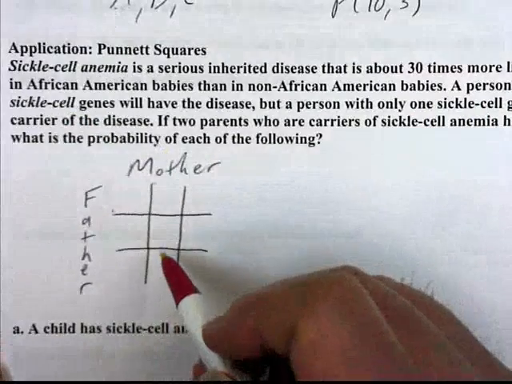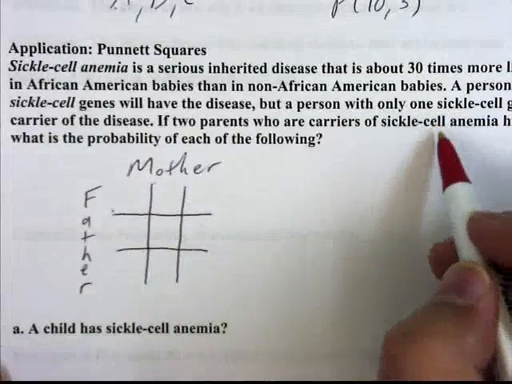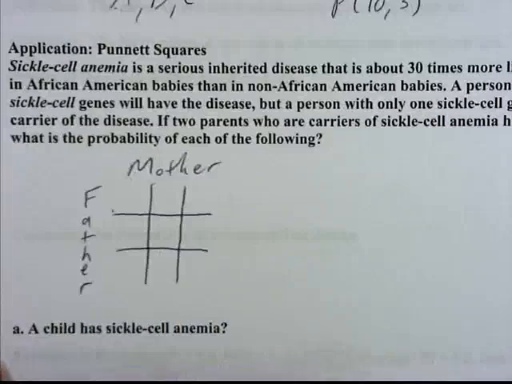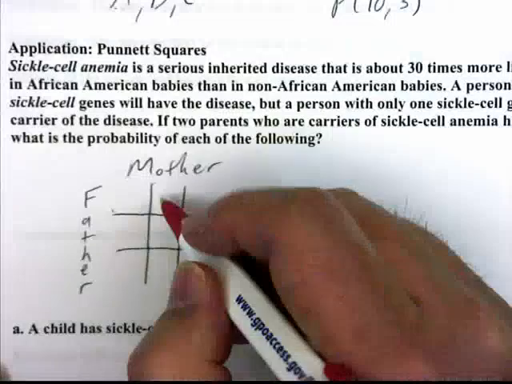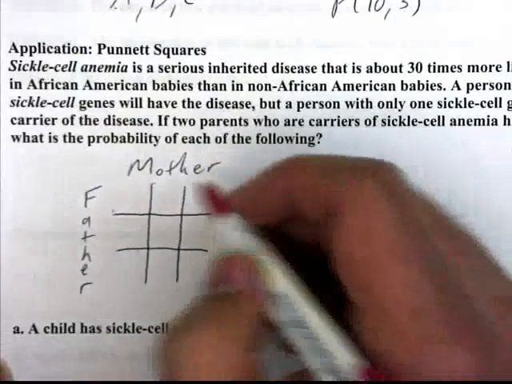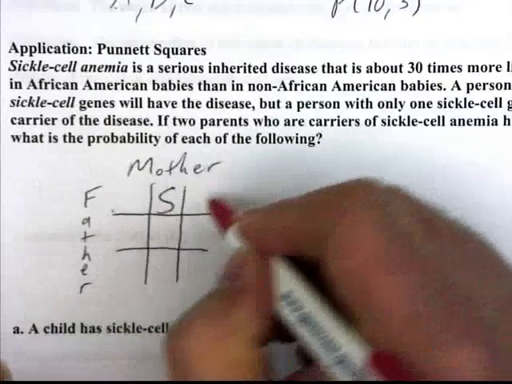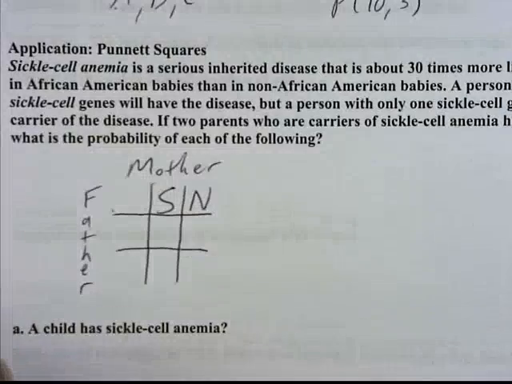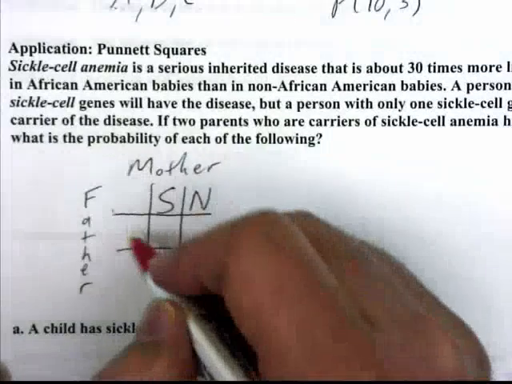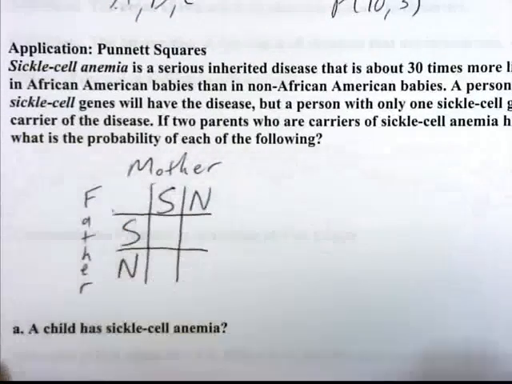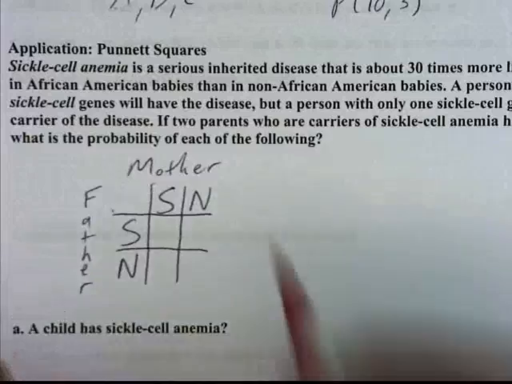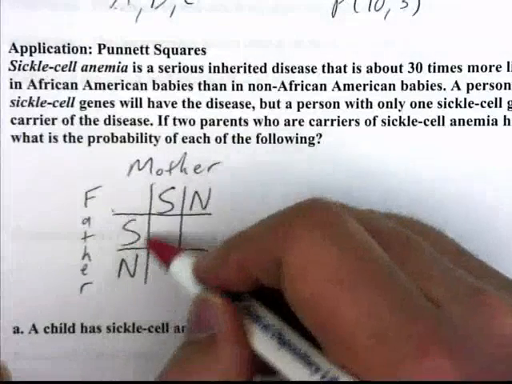All right? And if they are carriers, that means only one of them is the sickle cell anemia. All righty? So the way we write that is we'll say one is sickle cell, one is not for the mother. And for the father, we'll say one is sickle cell, one is not. All righty? Then we look at what happens.